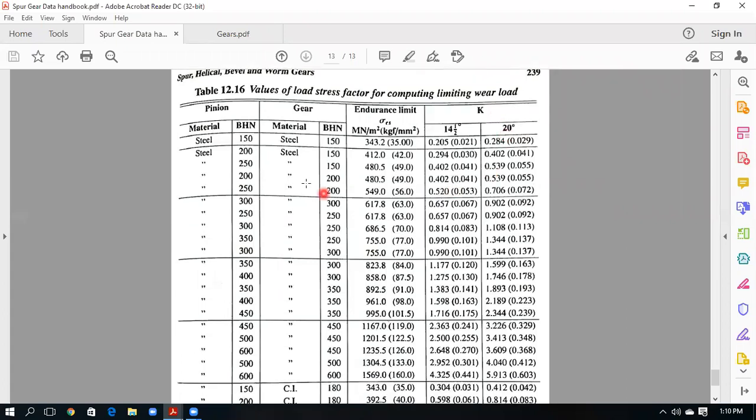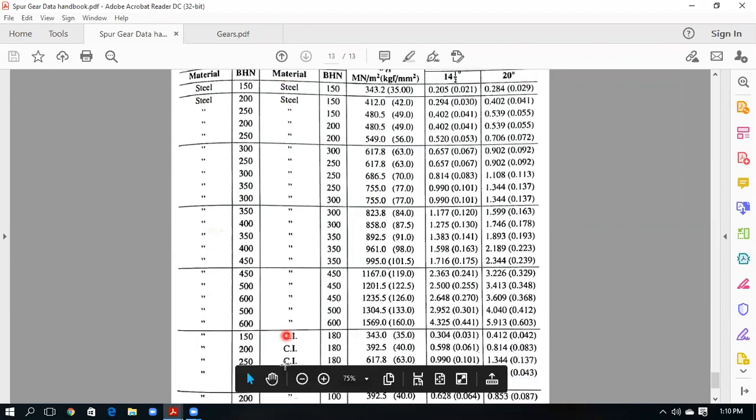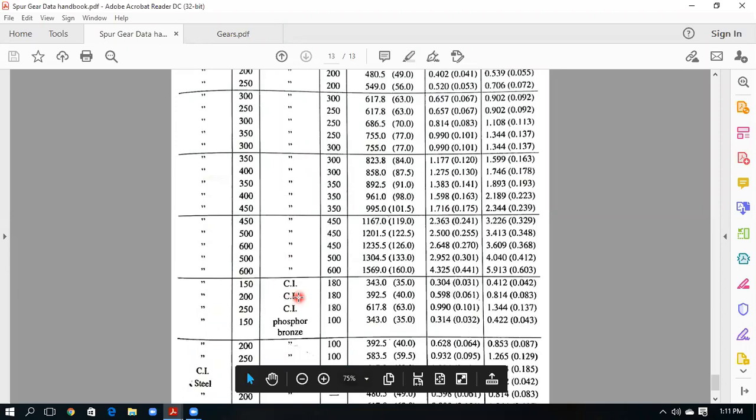Whatever the material is, the pinion is made of steel, whereas the gear is made of cast iron. You have to see the hardness number here.